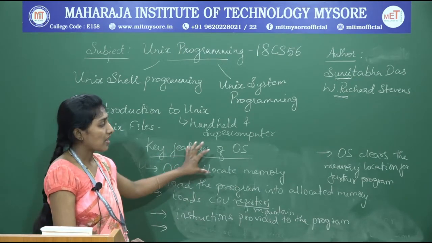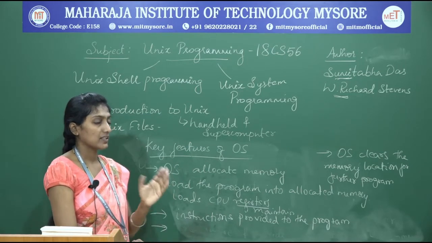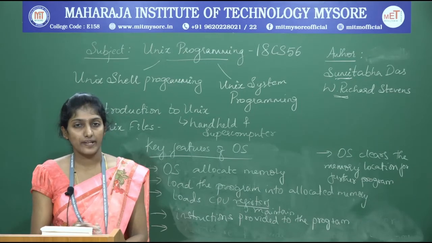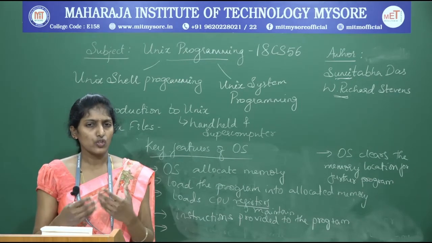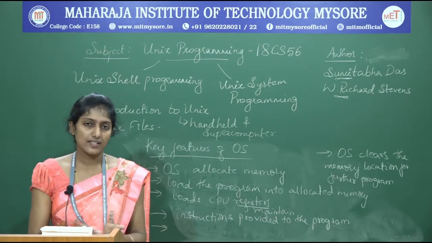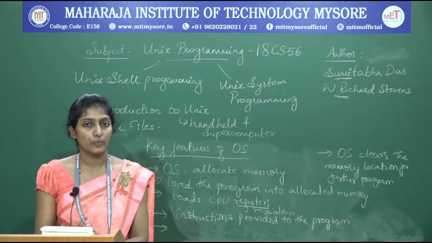So, now let us discuss the basic common differences between a Windows operating system and a Unix operating system. You might wonder what the difference is between Unix and a Windows operating system, right.